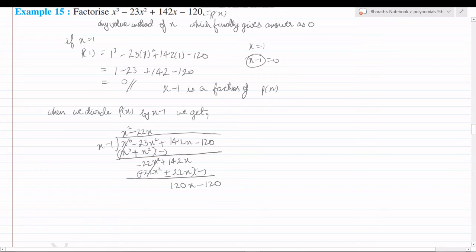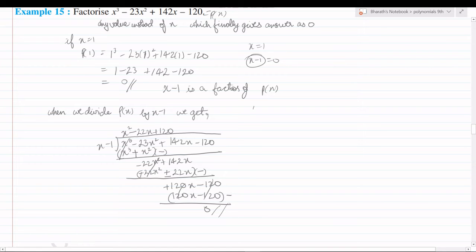Now here, since it is positive, we take positive 120, then 120x minus 120, multiplying this whole thing with minus, we get 0. When factorizing this kind of cubic polynomial, the remainder always becomes 0. It should always be 0, then only you can factorize the next.